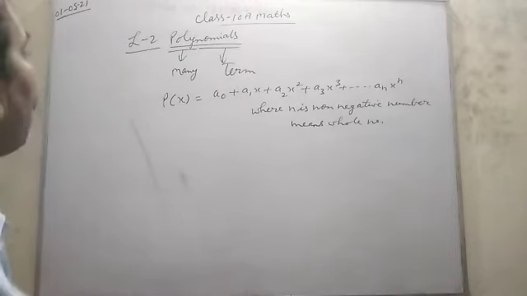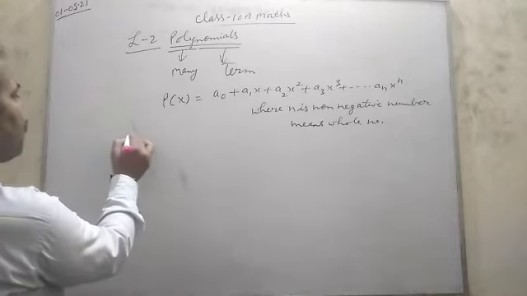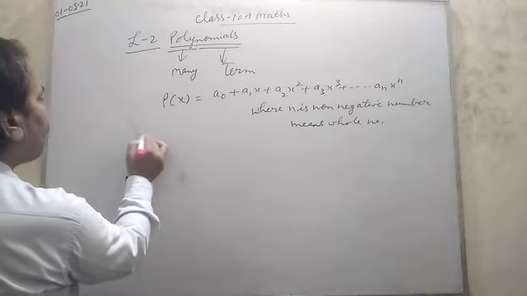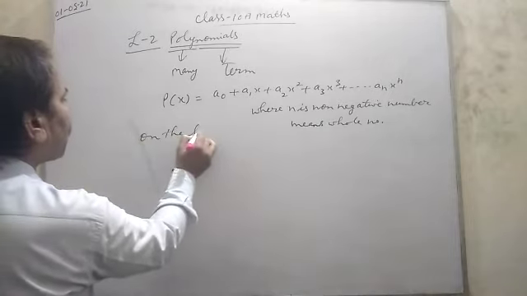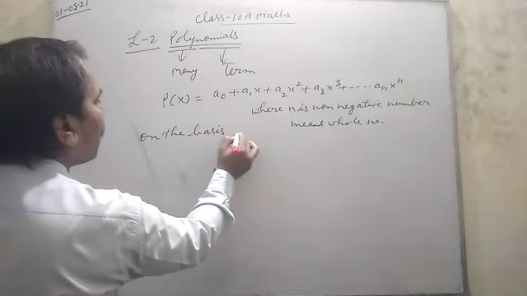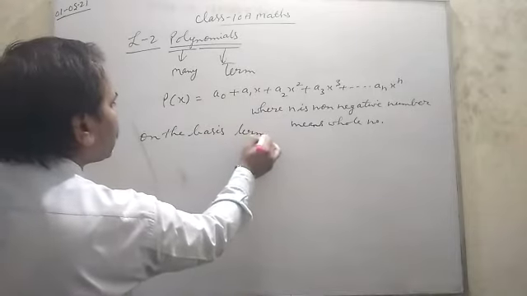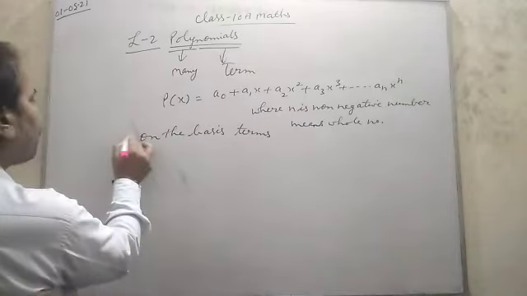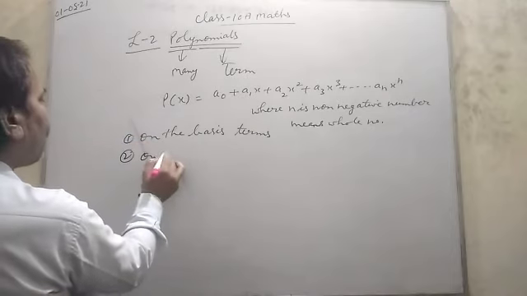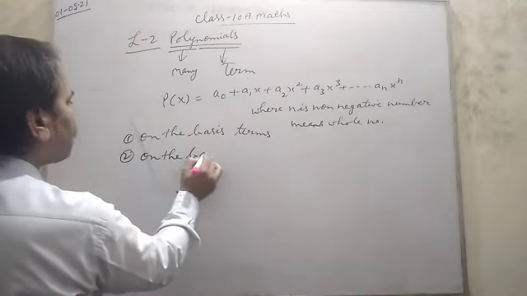So polynomials are divided on the basis of terms, that is the first one, and on the basis of degree.